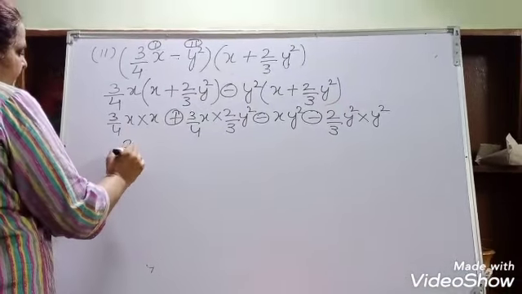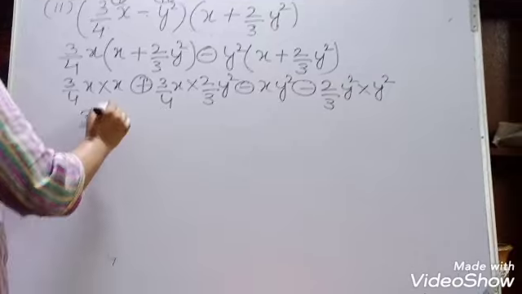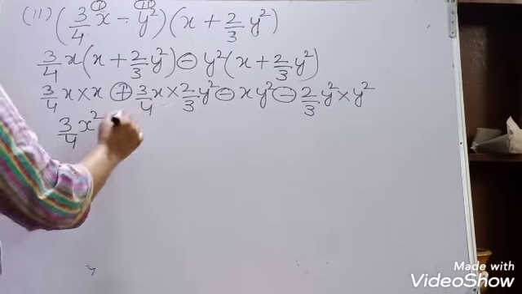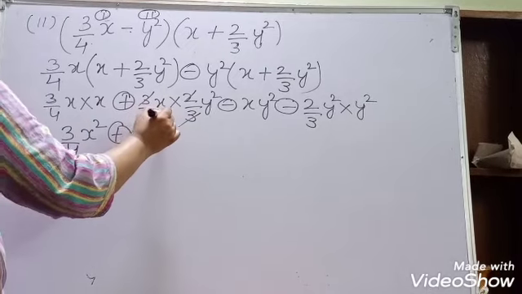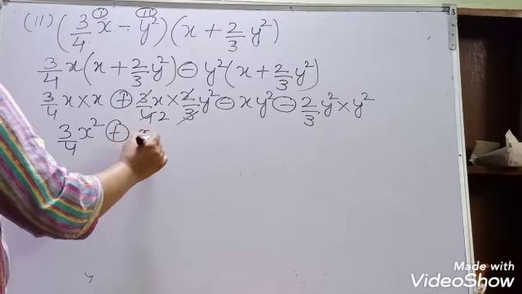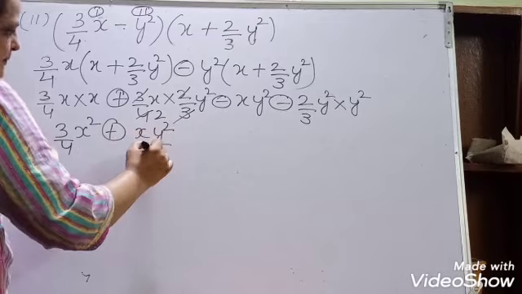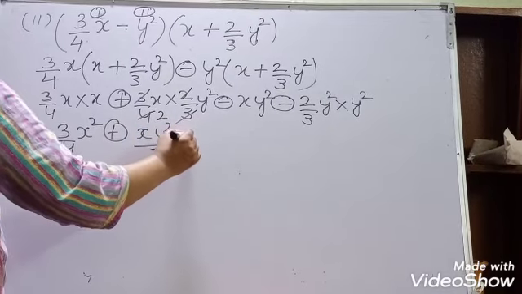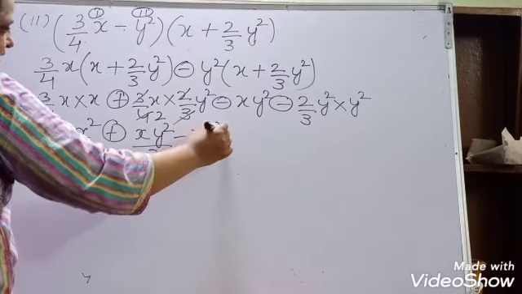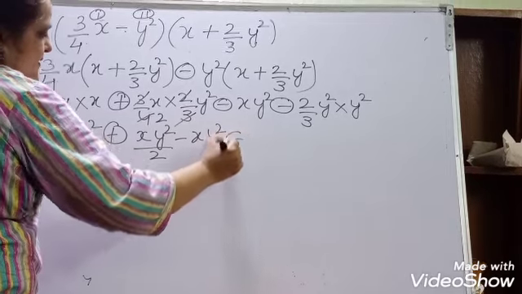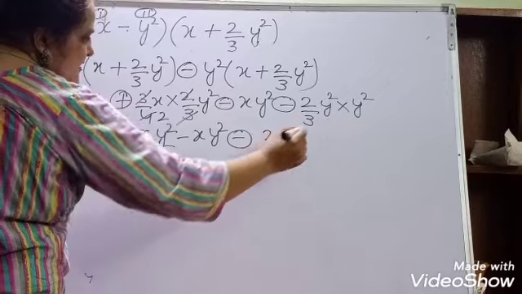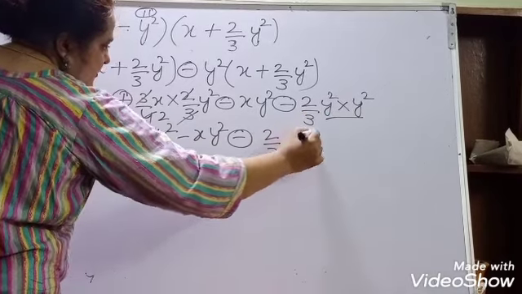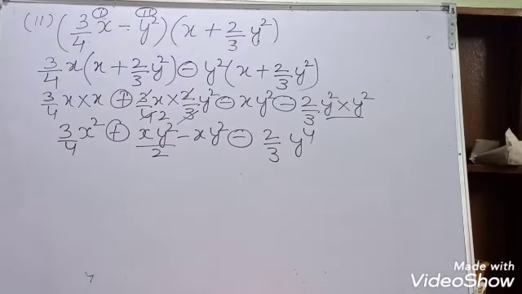So here it will become 3 over 4 x square plus, 3 will get cancelled, 3 upon 3, and 2 2s are 4, so it will become xy square upon 2 minus xy square minus 2 over 3 y square into y square will become y raised to power 4.